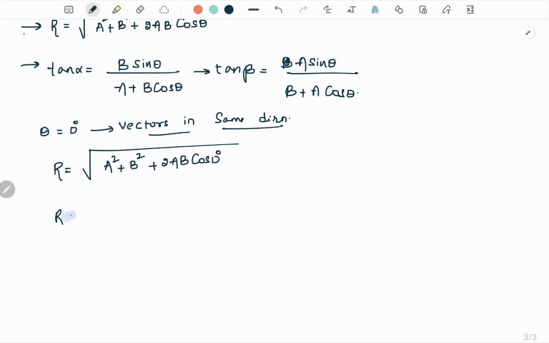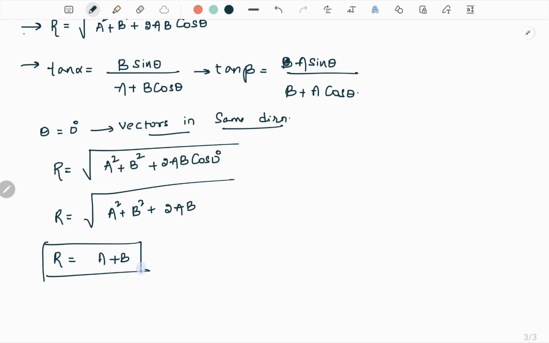We know that a square plus b square plus 2ab is nothing but a plus b whole square. So R would basically come out as a plus b. So the resultant of two vectors in the same direction would be equal to the sum of the magnitudes.